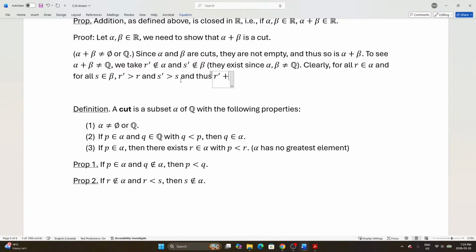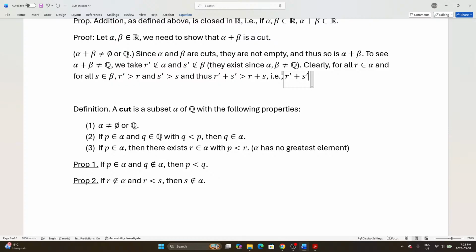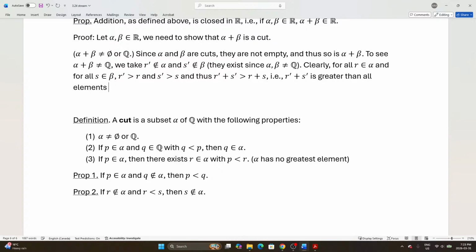R prime plus S prime is greater than R plus S. Right. So, i.e., R prime plus S prime is greater than all elements in the set alpha plus beta. So therefore, R prime plus S prime is not in alpha plus beta.